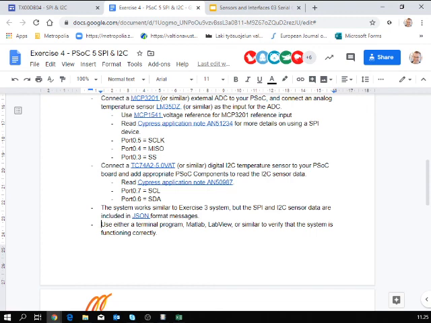Then another connection is the I2C temperature sensor. It's up to you which temp sensor you check first. Do not do everything at once. Make either the SPI bus first or the I2C bus first. But anyway, you connect that one. Port 07 is serial clock for that one, and port 06 is serial data.